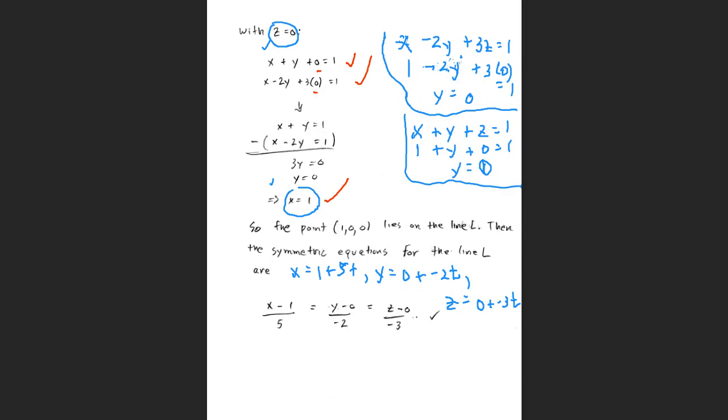So this is x sub 0 and a here. 0 is y sub 0. b is negative 2. z sub 0 is 0, and c is negative 3. And now, remember, the symmetric equations are x minus x sub 0 over a equals y minus y sub 0 over b. These are the symmetric equations of a line, what I'm writing here.